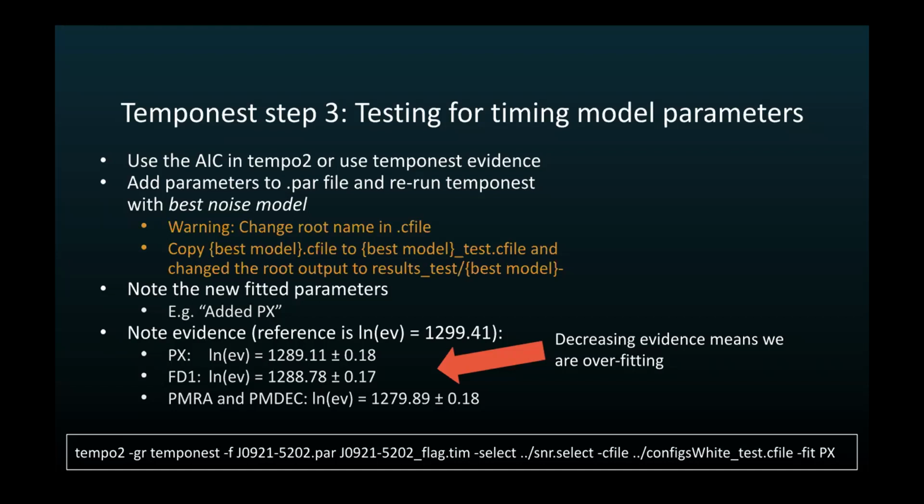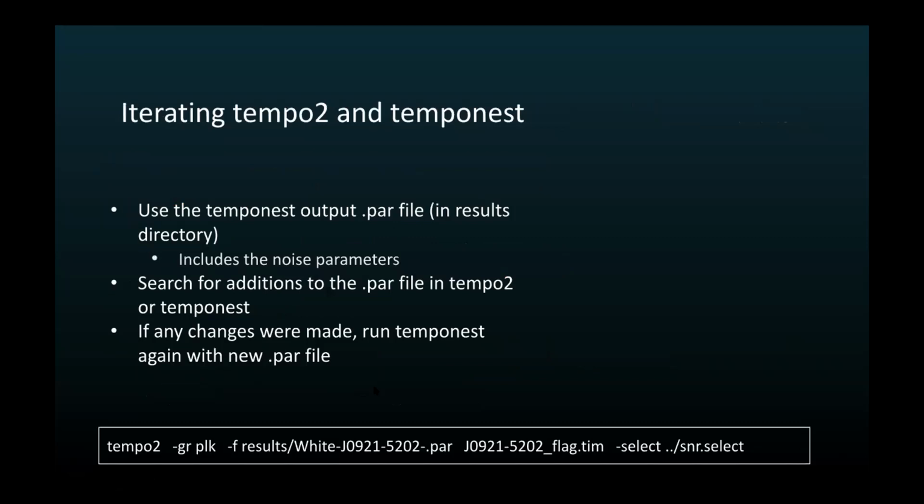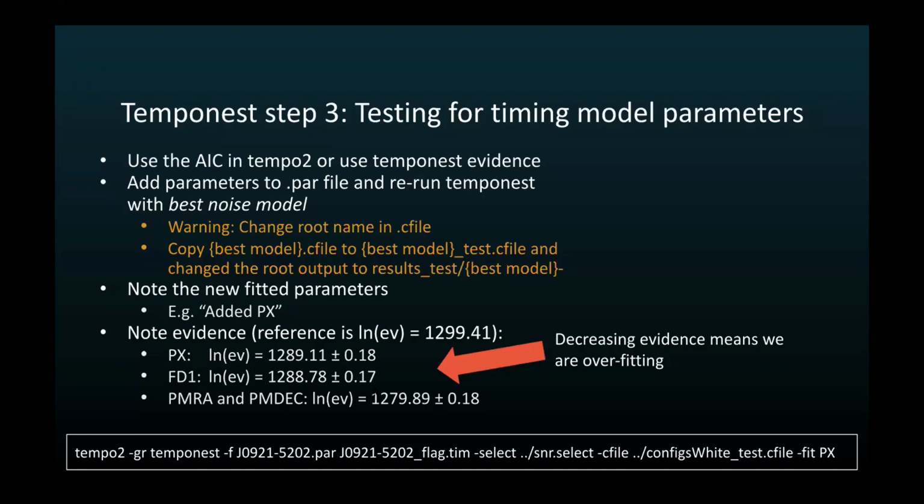So the best description is using the numbers that are already in the par file, and then just a simple white noise model. And that is essentially the end of the story for this pulsar. And it's very boring, which is why you're not going to be analyzing it on your own.